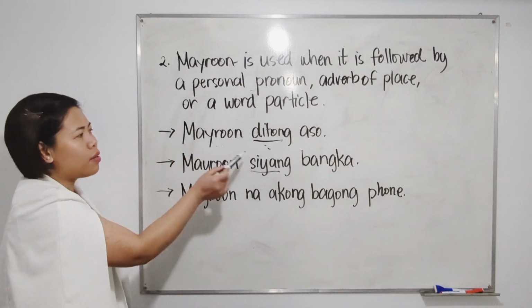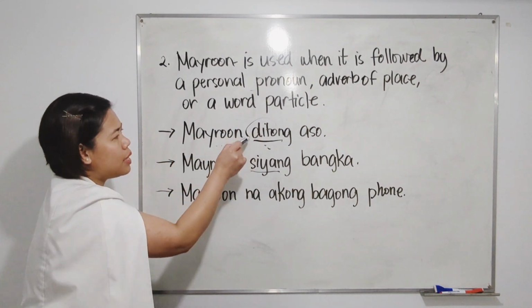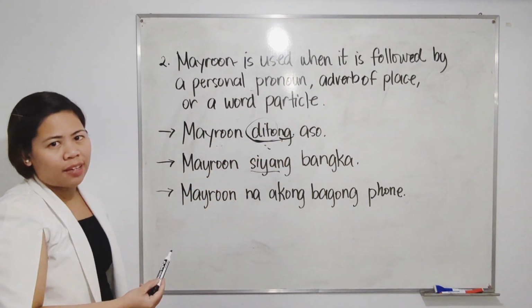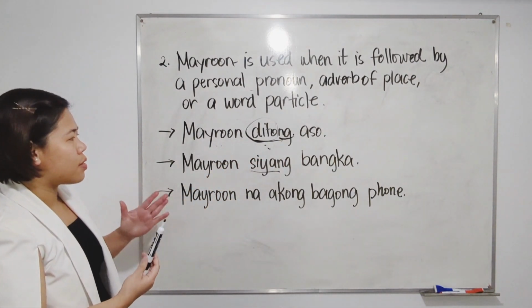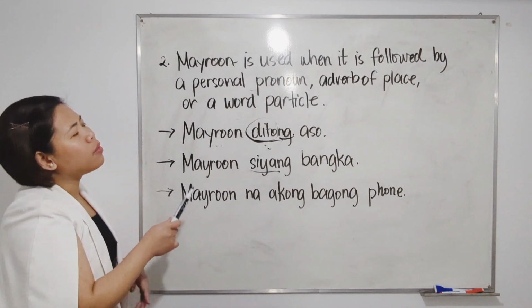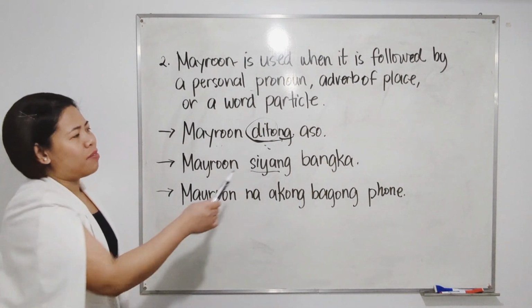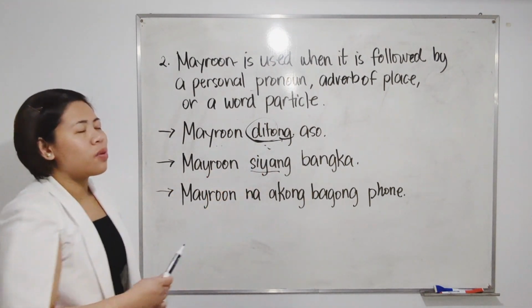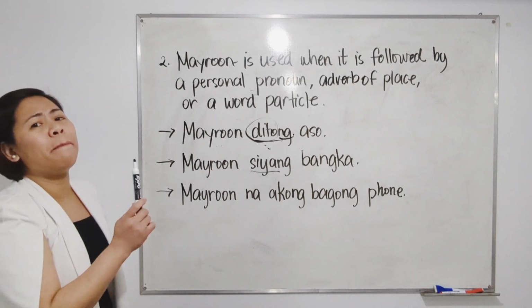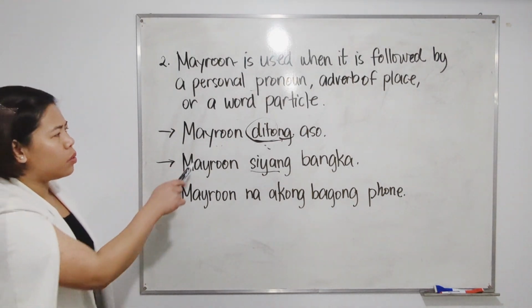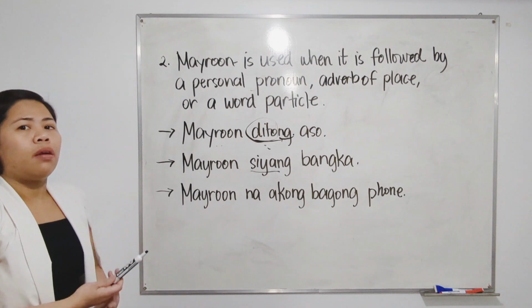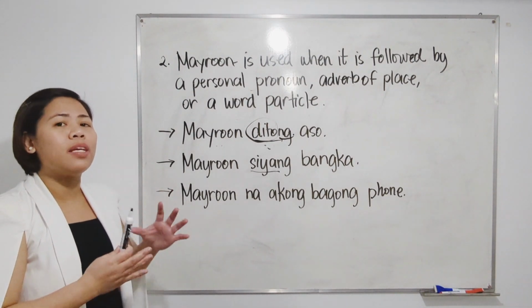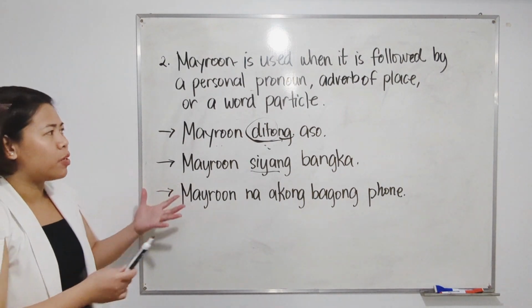And we use mayroon because dito is an adverb of place. NG here is just a connector. So your sentence would not sound broken. You cannot say, "mayroon dito aso." It's broken. So we need to put NG there. So mayroon ditong aso, or if it's spoken, you would say meron ditong aso. You will read this as meron. But it's not wrong to say mayroon as well, okay? But it's just that meron is commonly used as the pronunciation of this one.